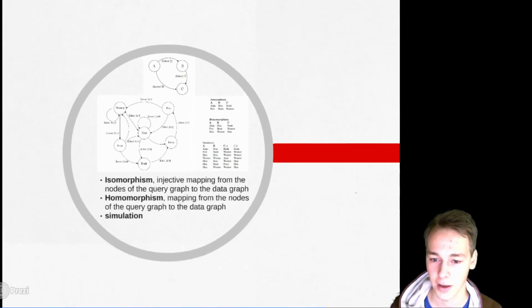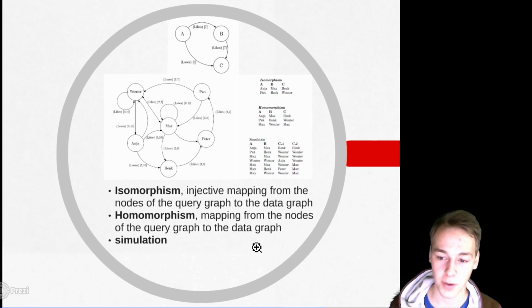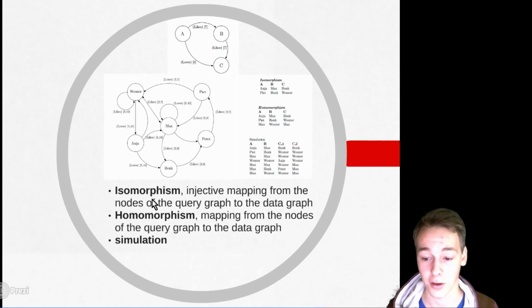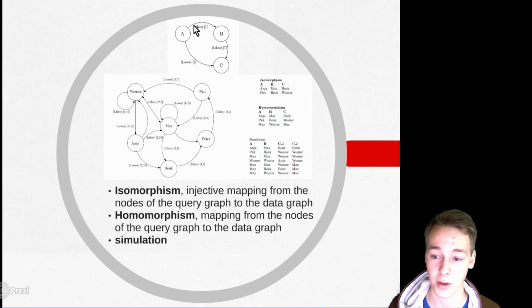When evaluating the queries, we consider 3 different query evaluations. The isomorphism, which is an injective mapping from the nodes of the query graph, that's this graph, to the nodes of the data graph, which is this one.